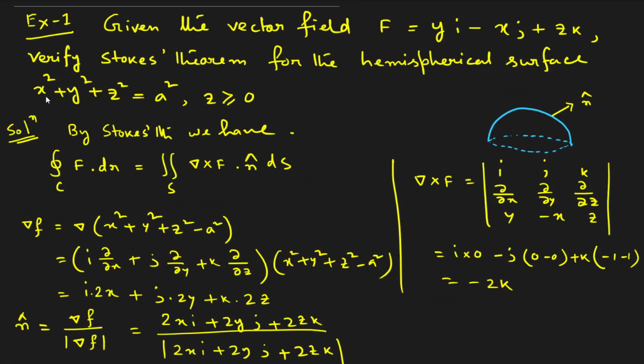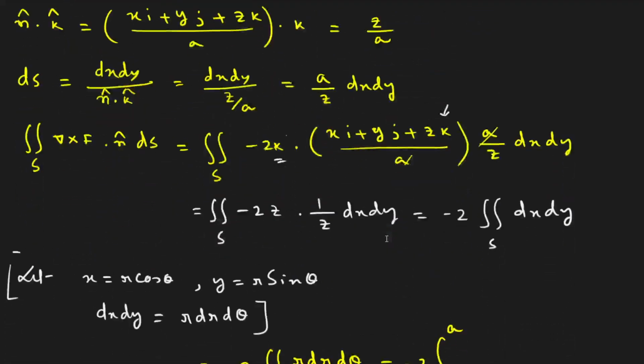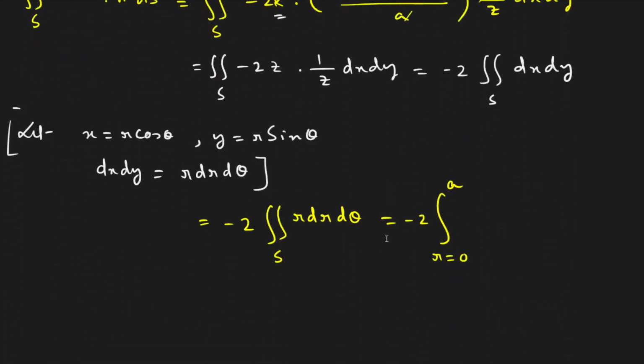Then what will be theta? To make a circle, you will have r dr here, and the limit of theta will be 0 to 2 pi. Because when we make a hemisphere, first you take the radius, which is 0 to a, then you have to rotate it.